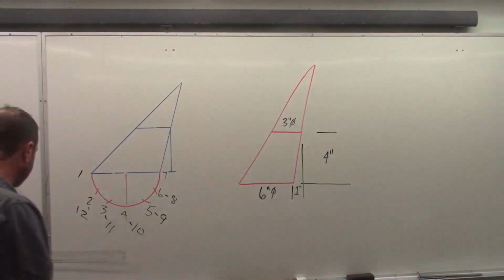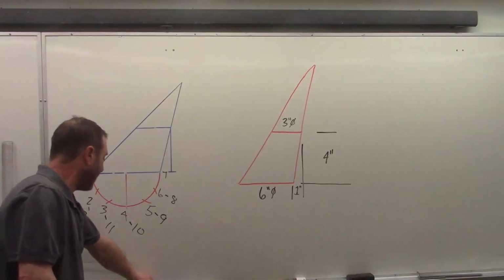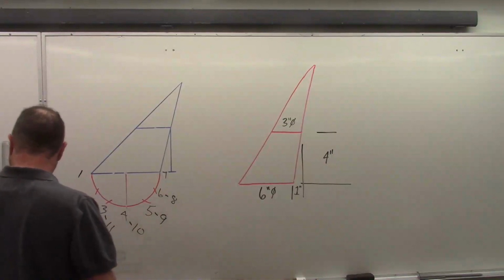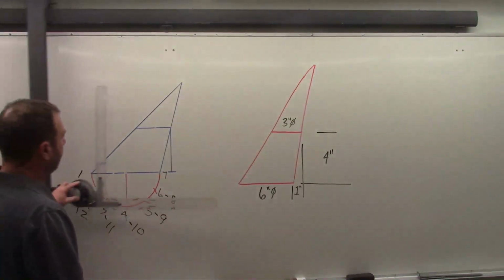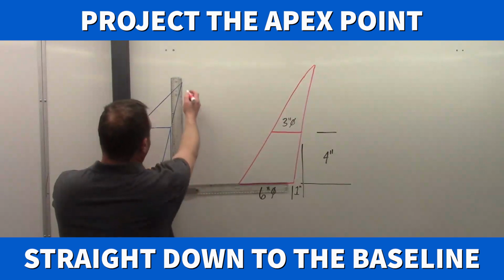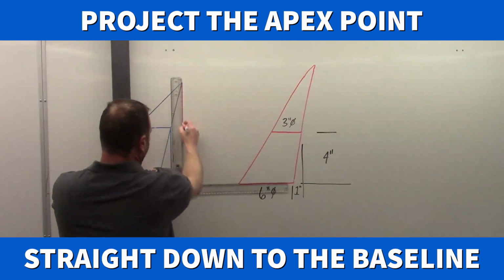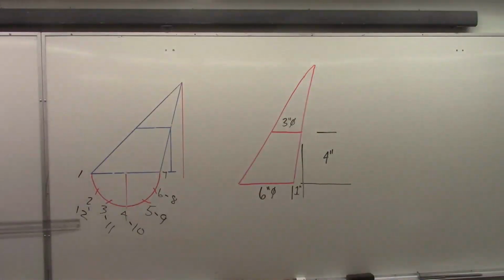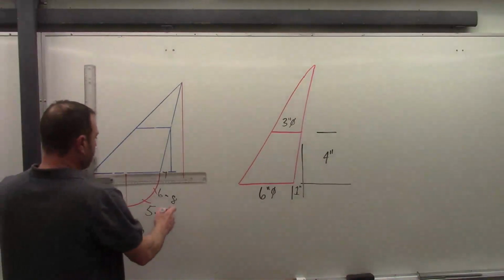Okay, so next step I want to do is I'm going to take my apex and drop it straight down to the base. So I find this point here, and I'm going to drop this all the way down, like that. Again, I need that point. Let me bring it across my horizontal.